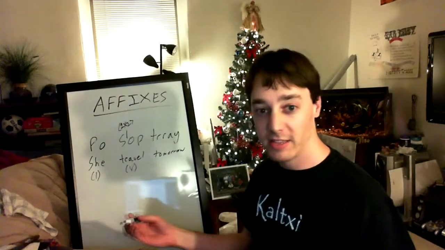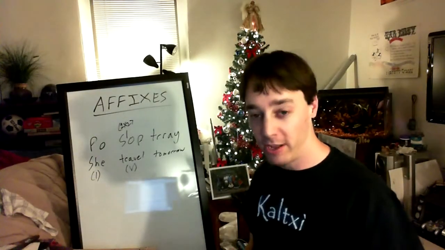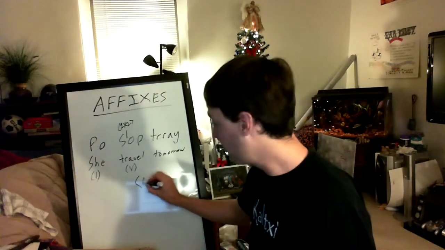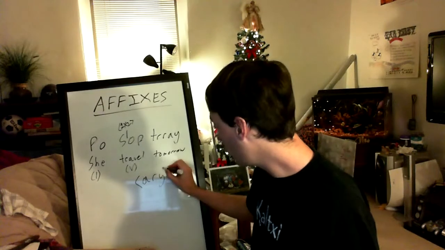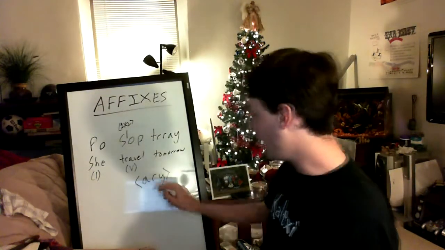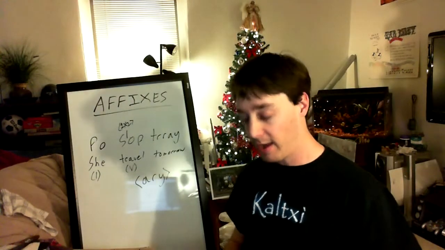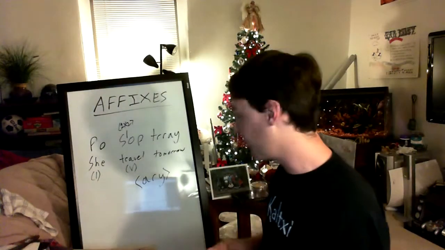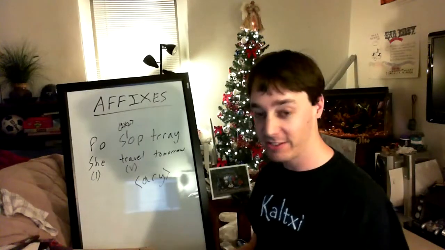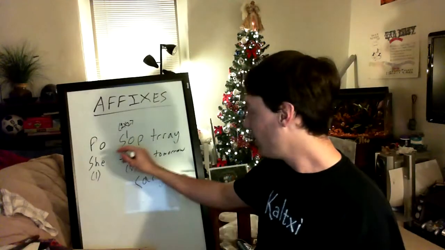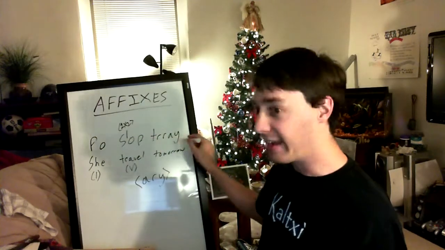And so the infix we're going to use to say she will be traveling tomorrow will be the infix "ary." So you do have "ay" to denote the future tense, and the "r" to denote the perfect aspect. So any guesses what this turns into? Po sarayop taray.